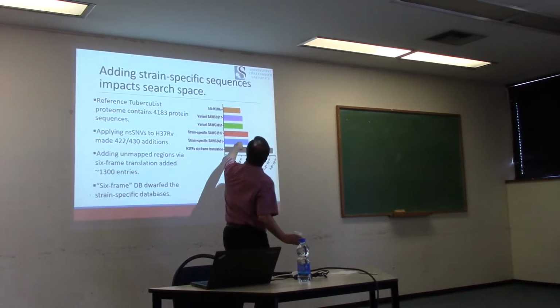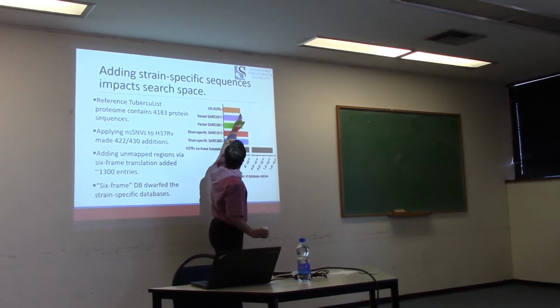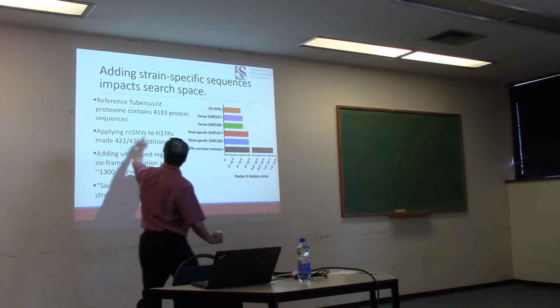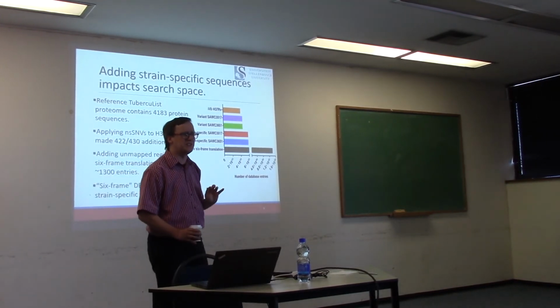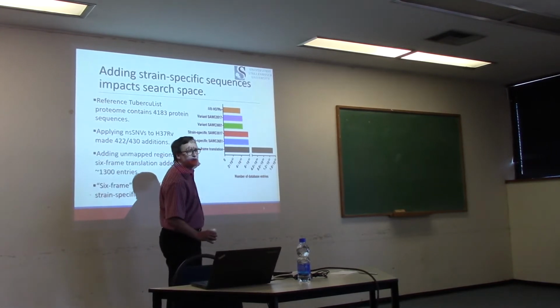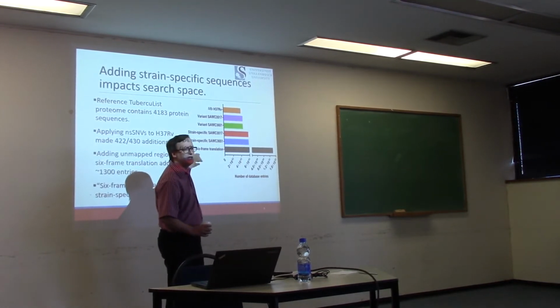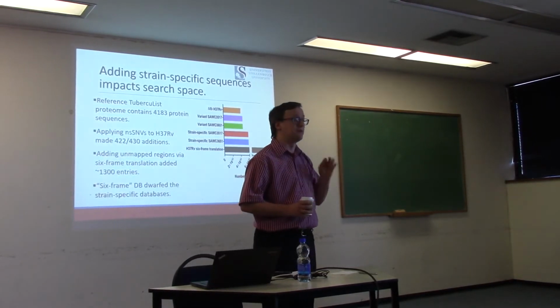As you can see, these have an impact on database size. Here we've risen from about 4,000 to, sorry, I think it's not worse than 2,000 additional sequences for that. But what happens if you were just to start with the reference H37Rv and do a 6-frame translation of all of that? Well, things go off the rails really, really quickly.